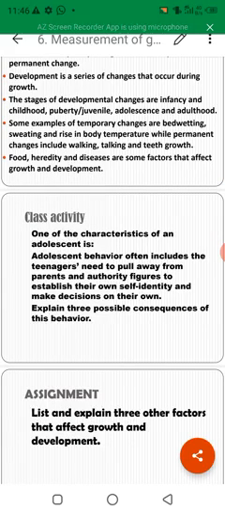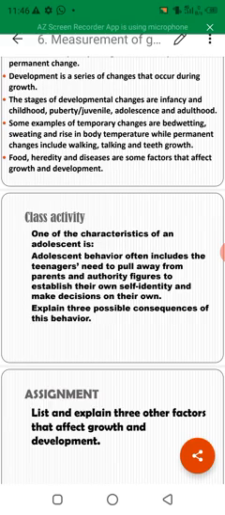And I want us to have our class activity. Just one. Look at it. One of the characteristics of an adolescent: adolescent behavior often includes the teenager's need to pull away from parents and authority figures to establish their own self-identity and make decisions on their own.